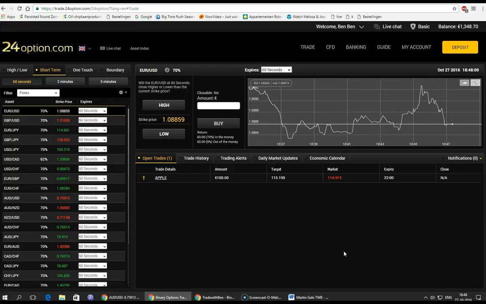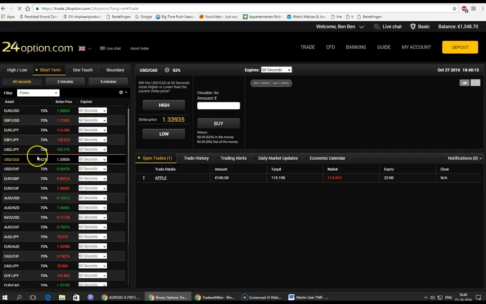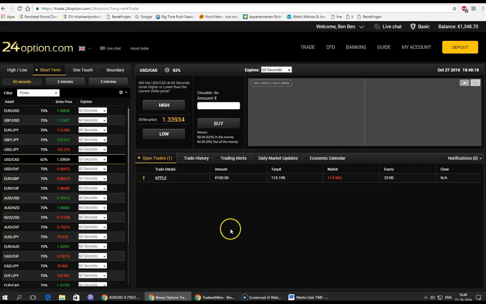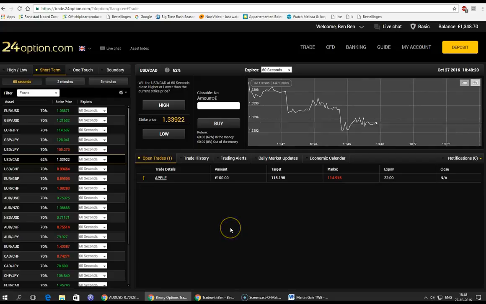So the US dollar, Canadian dollar. So I'm really afraid of picking these US dollar things, because something's going on with dollars, going up and down all the time, and it made us lose some money and win some money also. But well, we are currently in profit, so we didn't lose any money, but it's just not a good day for that.